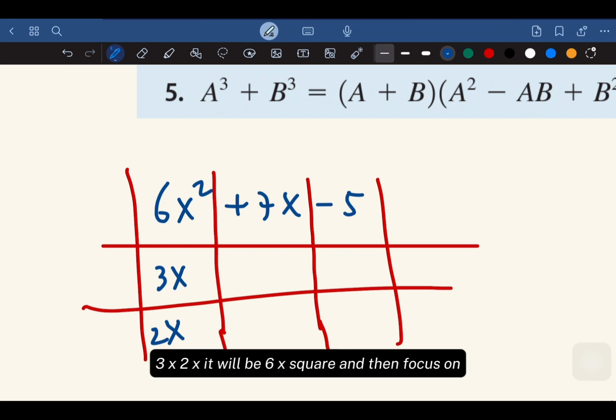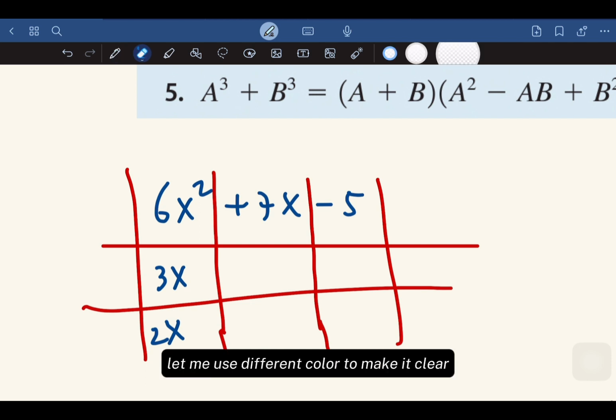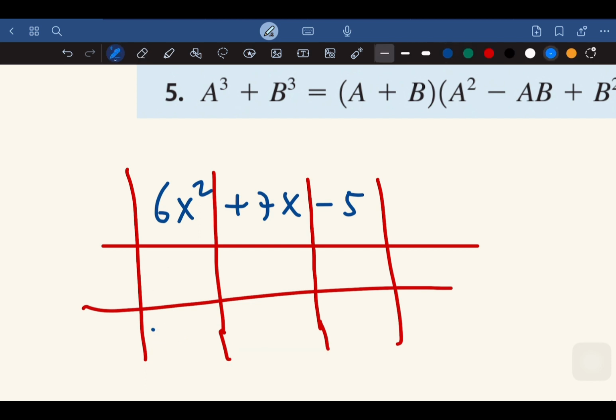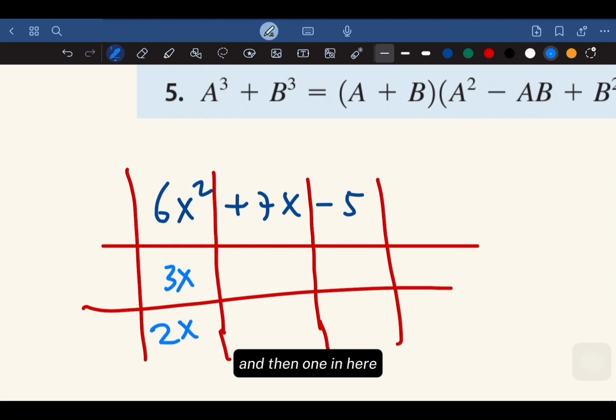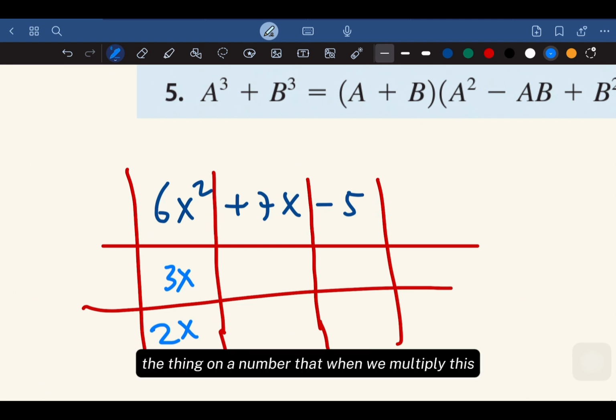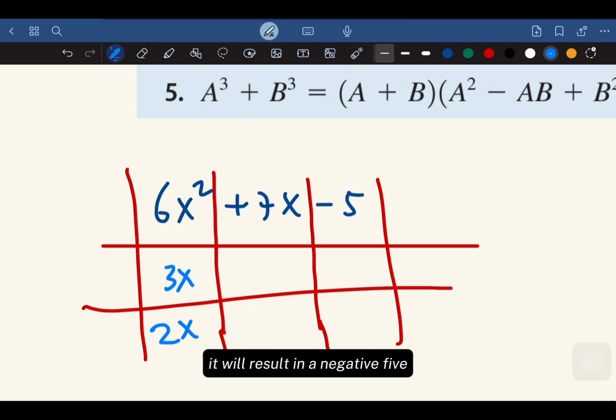And then focus on, maybe let me use a different color to make it clear. And then one in here. So we have to think of numbers that when we multiply them, result in -5. I think the common factors are just 1 and 5, right?